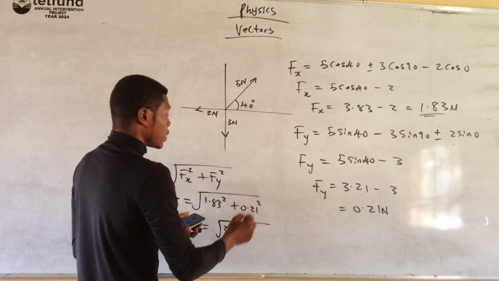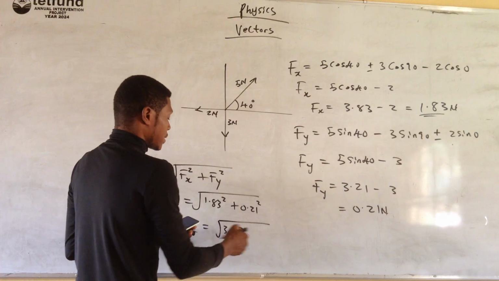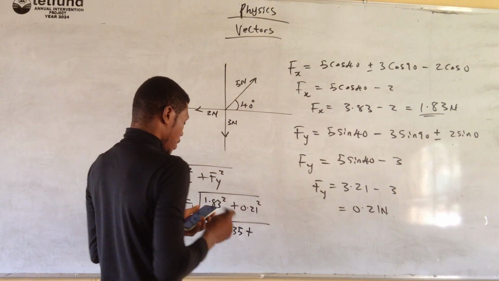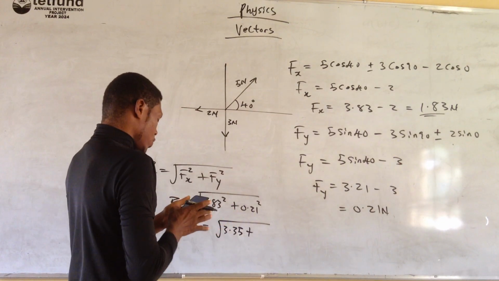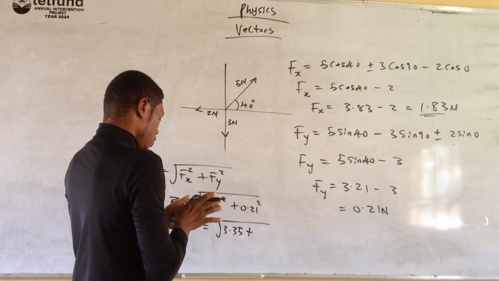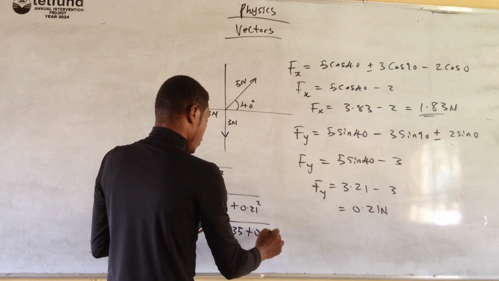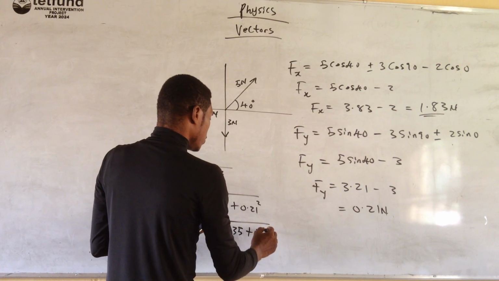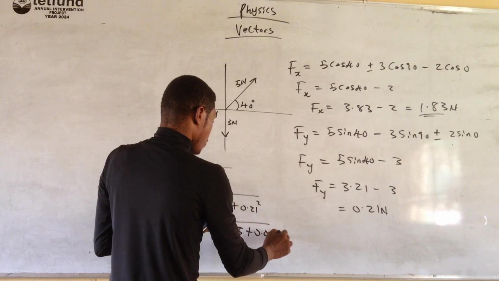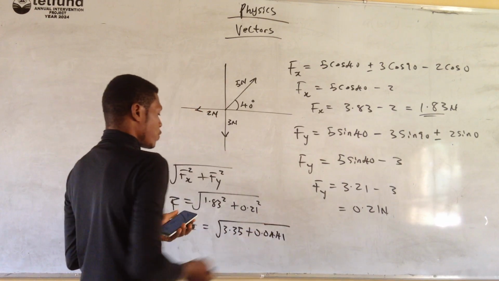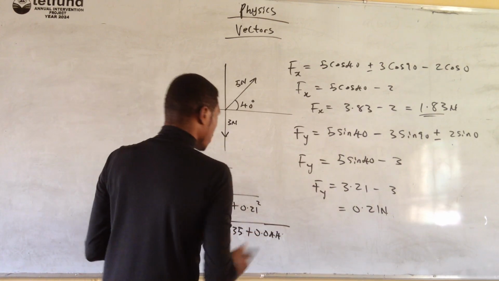That's 3.3489. Let me put it as 3.35. Then plus 0.21 squared, which is equal to 0.0441. Okay? Approximately 0.044.